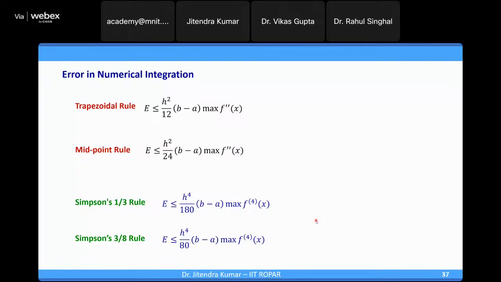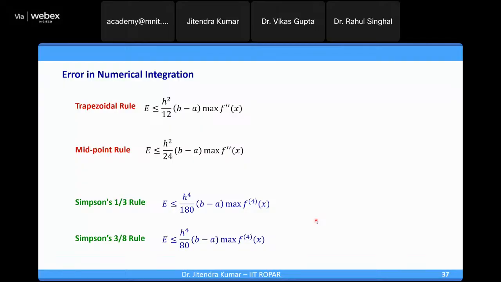But there are problems with having more intervals: your computation will become more expensive, and at the end, more function evaluations will lead to more round-off errors, etc. I'll talk a little towards the end, just to give you some flavor, about why we should not do too many evaluations.